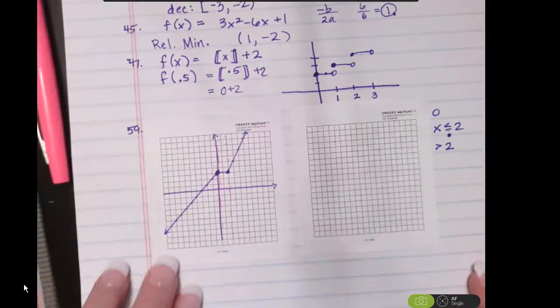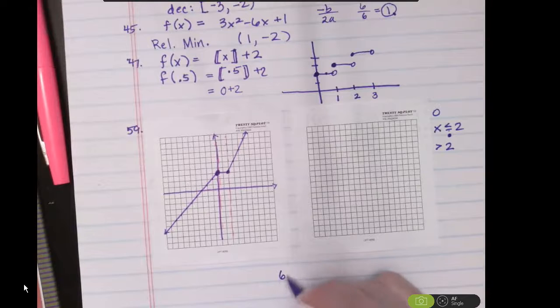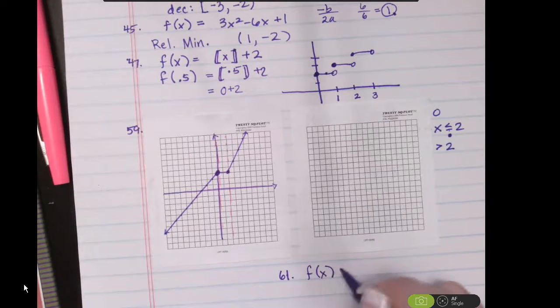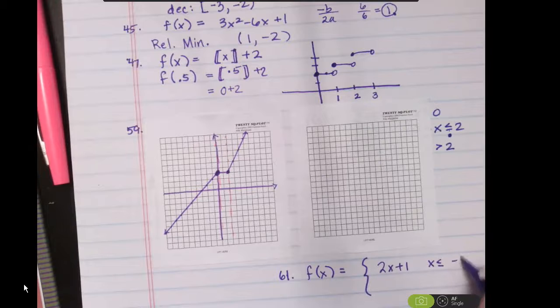So number 61, let me write out my function. I've got f of x equals, and I've got it split into 2 neighborhoods. 2x plus 1, x is less than or equal to -1, x squared minus 2 for x is greater than -1.